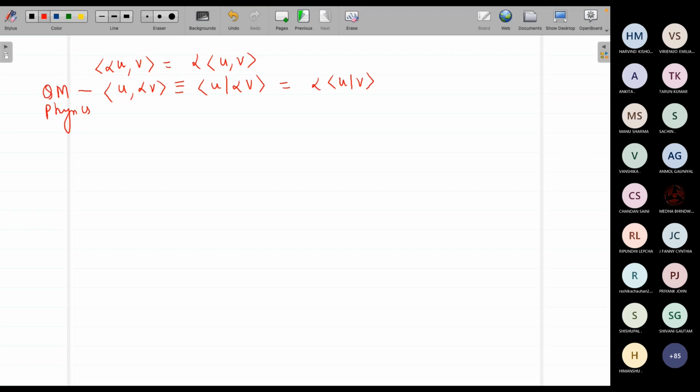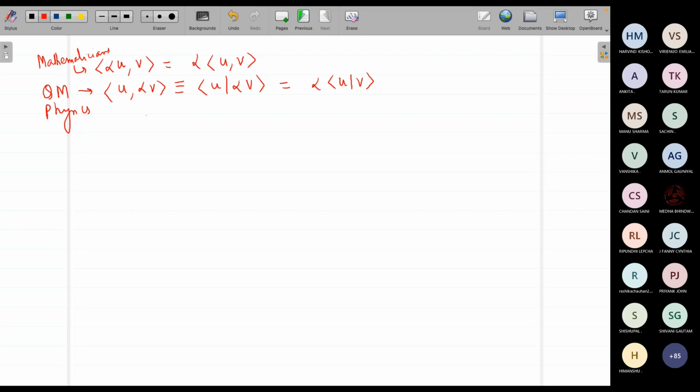So in quantum mechanics and physics, we use this. Mathematicians in their linear algebra books use this. So be very clear, whichever book you are using, you are able to follow the notations. We consistently use the notation used in your quantum mechanics class so that you do not get confused between the two. Ultimately, it is just the notation and the definitions.